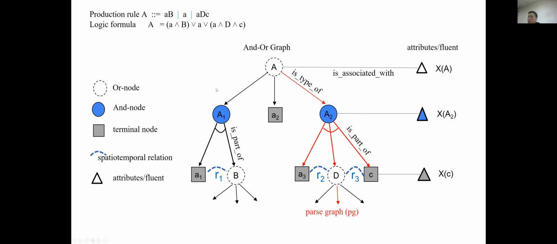So what you do is like all nodes. This here is all, and then A could be A1, A2, or terminated into a terminal node, which is square, or can be further decomposed into a path. And then the path tree will be augmented by relations: spatial relations, temporal relations, or physical relations.